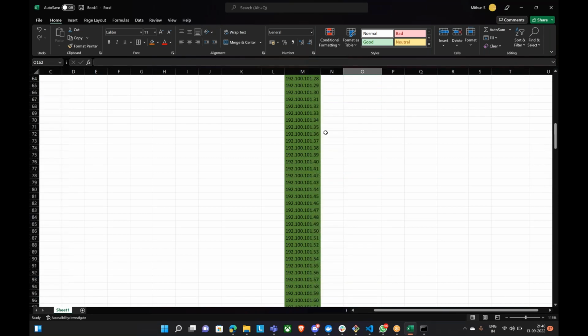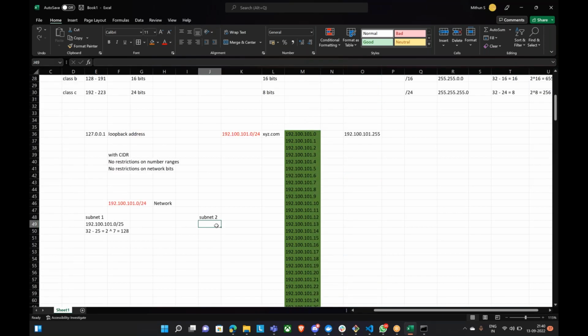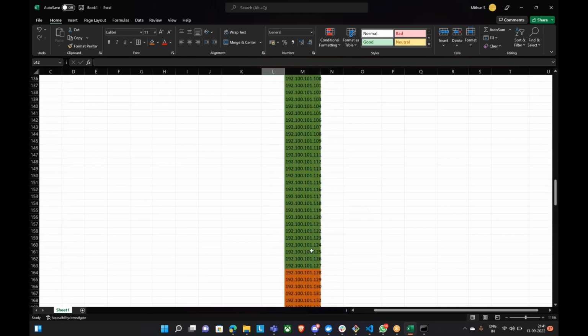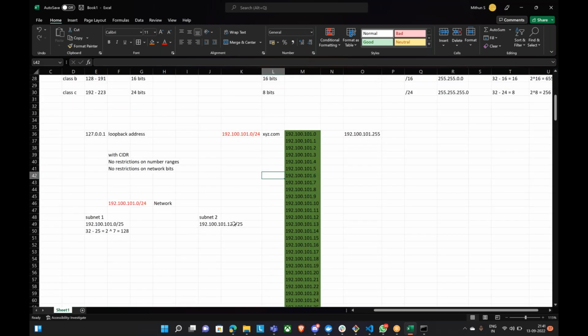So from here to here will be subnet 2. So then how do we write it? My subnet 2 will be 192.100.101.128/25. Is it clear? How did I get this number? Very simple. From where it is starting: 192.100.101.128. So this is my subnet 1 and this is my subnet 2.